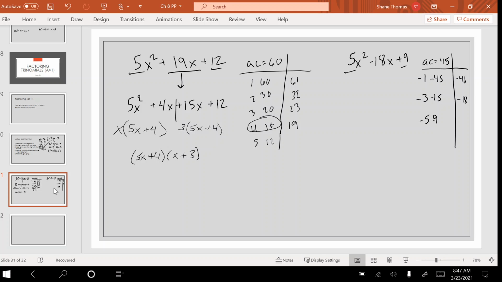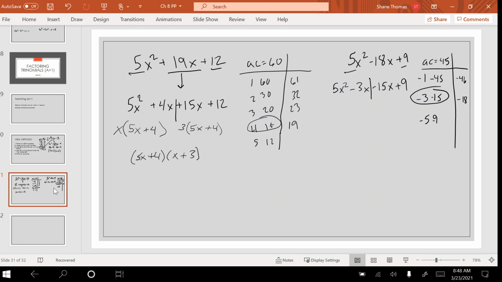I'm looking for that negative 18 in my B term. Here's my winner. Let's plug them in. Okay. 5x squared minus 3x minus 15x plus 9. All right, let's split it and see if it comes out well.